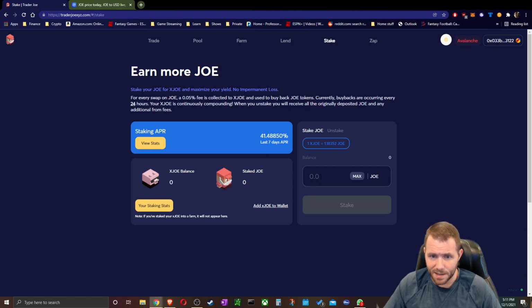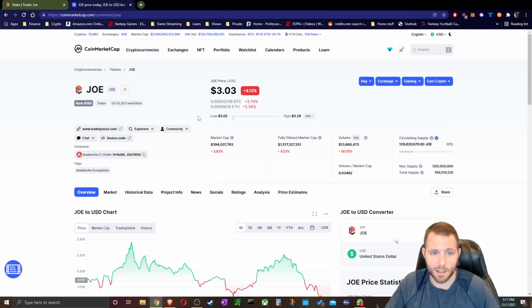So anyway, when you stake this over time, this is the APR you get. So you earn 41.48%. So that's pretty nice. As far as risk goes, if you're planning on holding Joe anyway, because it is a token, it does go up and down in value, right? Just like anything. The risk in holding a token, right, is in the price appreciation or depreciation.